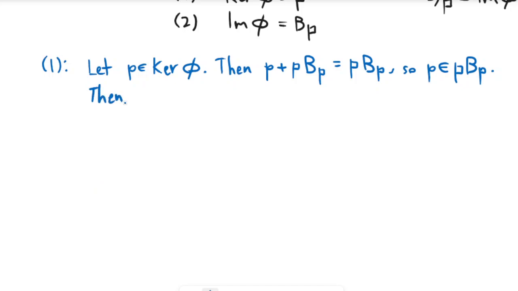So then, what does it mean for P to be an element of this ideal?